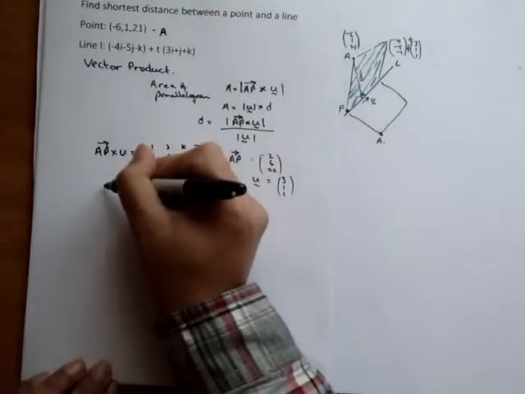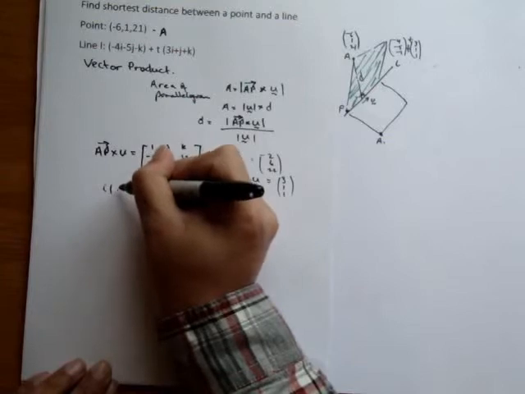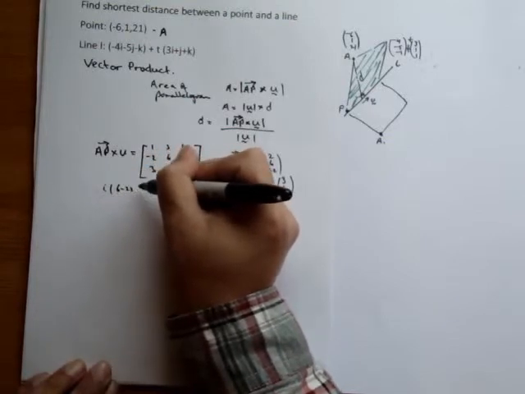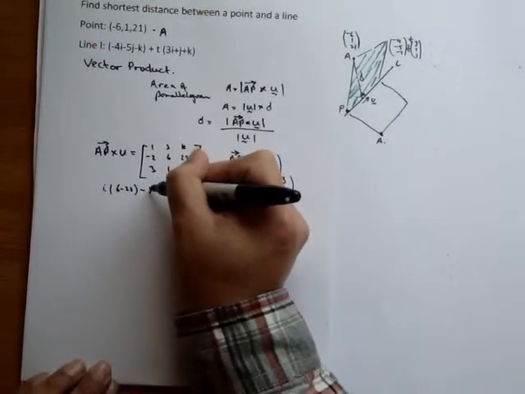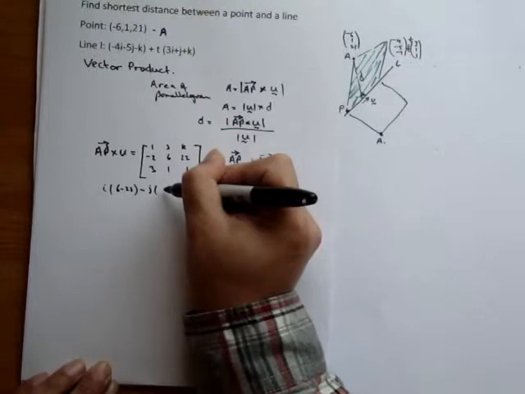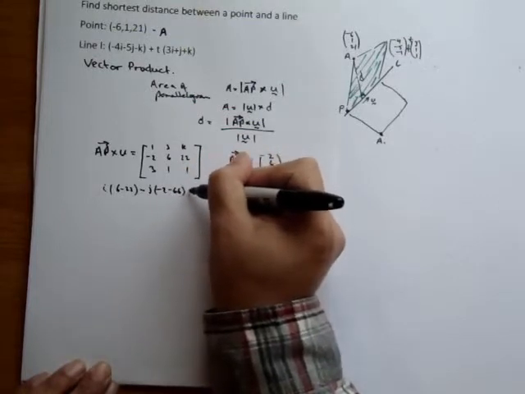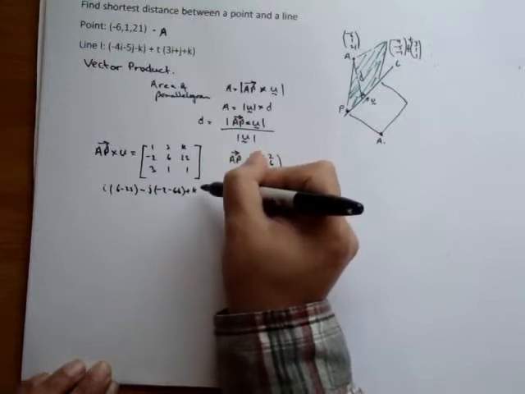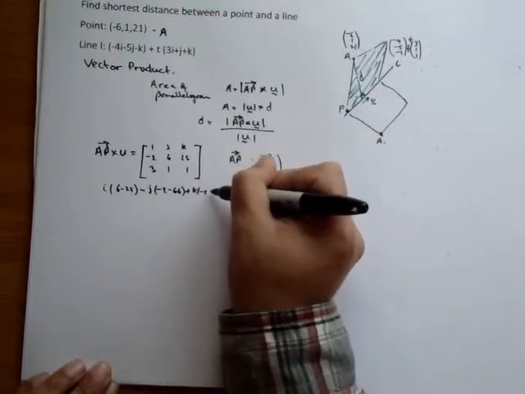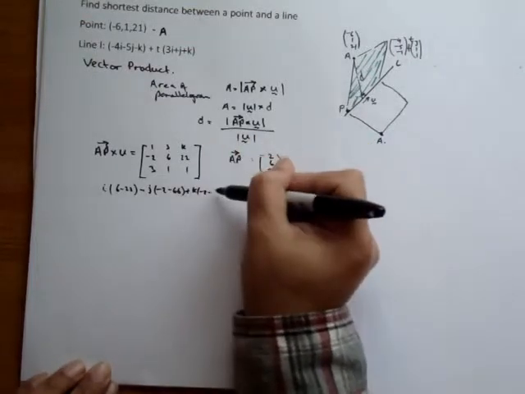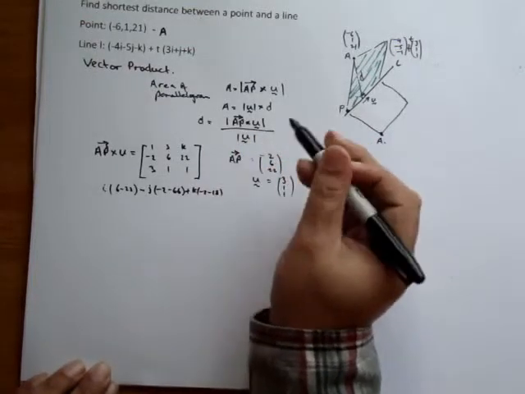So we get i(6 minus 22) minus j(minus 2 minus 66) plus k(minus 2 minus 6 times 3 is 18, minus 18).